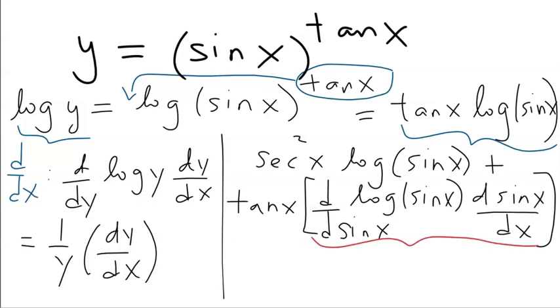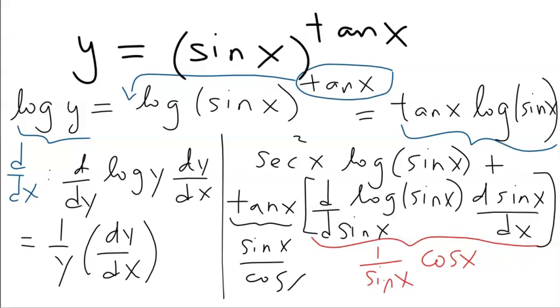The result in the bracket will be 1 over sine x times cosine x, because the derivative of log sine x with respect to sine x is 1 over sine x, and the derivative of sine x with respect to x is cosine x. So now you have a perfect cancellation. Tangent x, which itself is sine x over cosine x, times 1 over sine x times cosine x will simply result in 1.